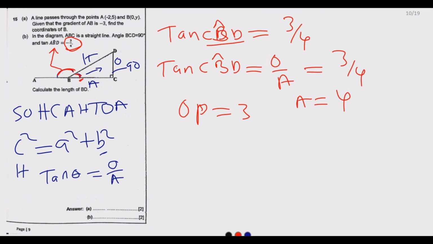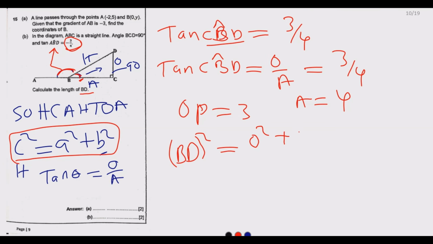So now given that, we can employ this equation. c squared, which is BD squared in this case, equals opposite squared plus adjacent squared. So we have 3 squared plus 4 squared, which gives us 9 plus 16, which is equal to 25.